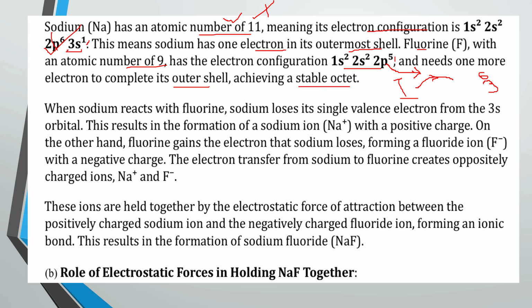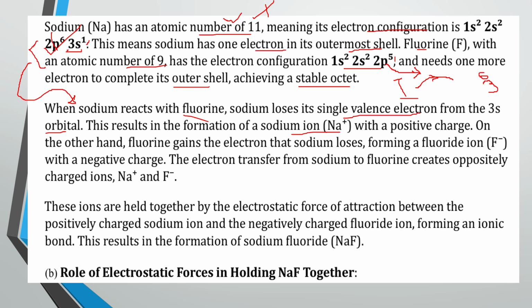So you're going to join these statements together to show how an ionic bond is fully formed. And you're going to say that, therefore, when sodium reacts with fluorine, sodium is going to lose its single valence electron from the 3s subenergy level or orbital, which results in the formation of a sodium ion.